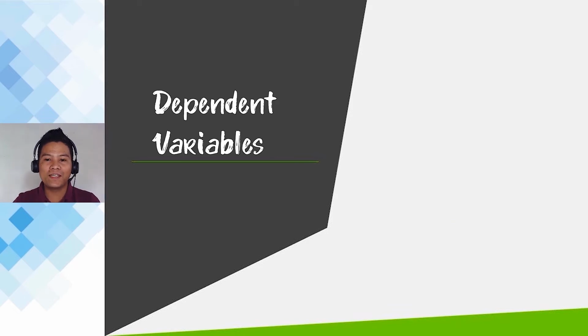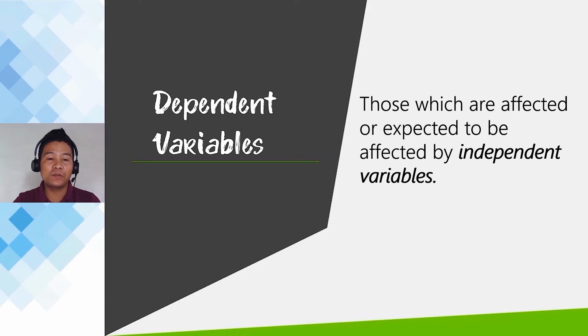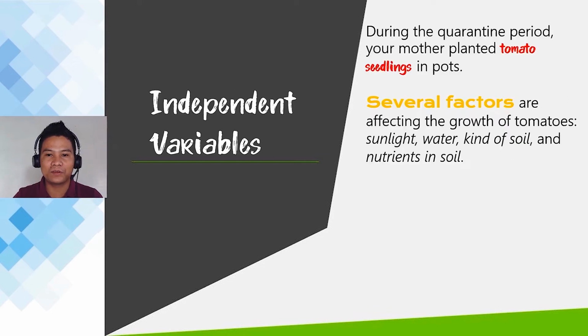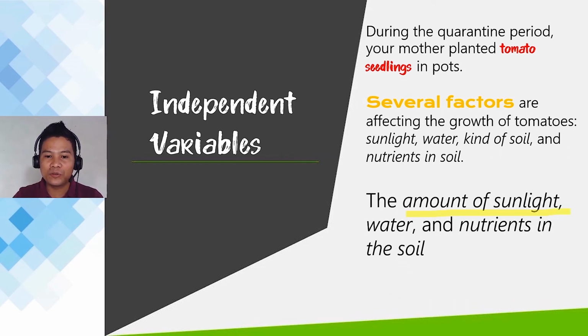Therefore, we can say that those which are affected or expected to be affected by independent variables are called dependent variables. In the same example, what are the independent variables? Correct. The amount of sunlight, water, and nutrients in the soil.